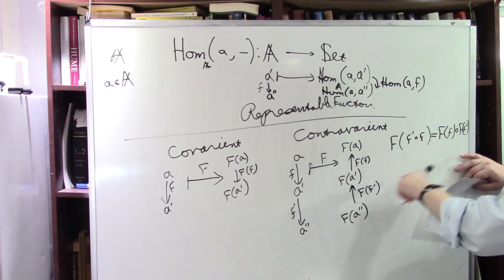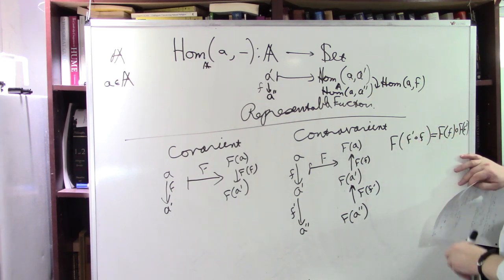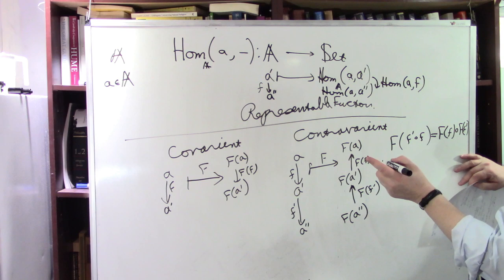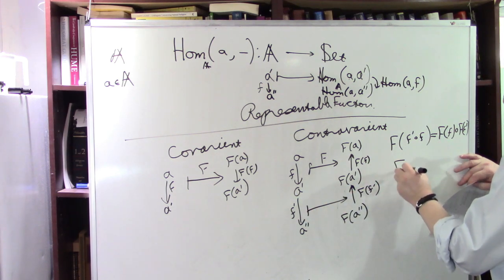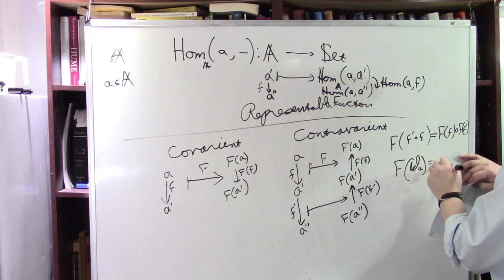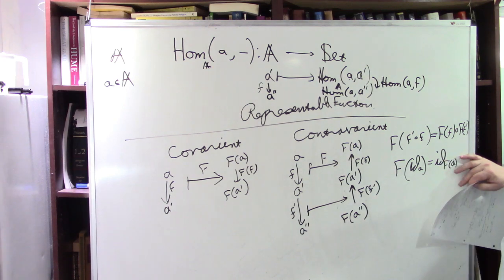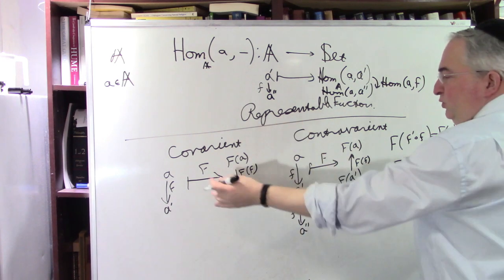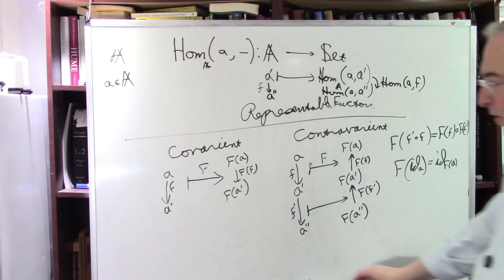Okay, so that's a requirement for a contravariant functor. It also has the requirement about the identity. Okay, let's just remember the requirement about the identity. That doesn't change. ID of A is equal to ID of F of A. Okay, so these are two different types of functors that show up a lot.